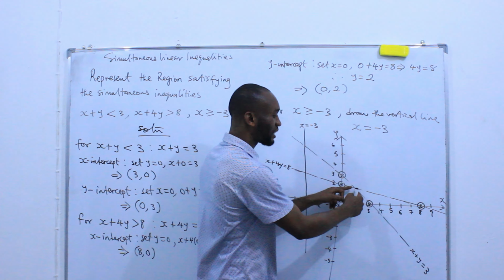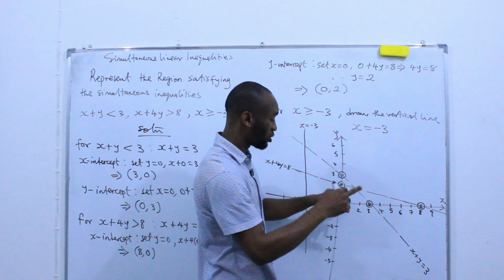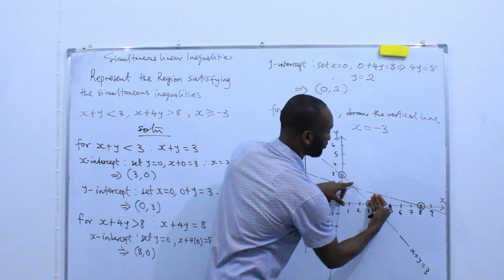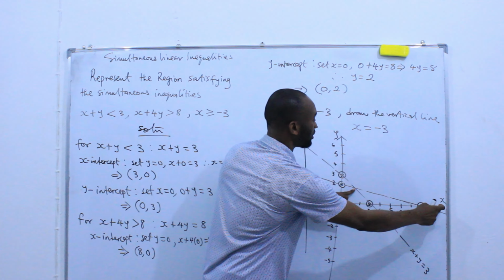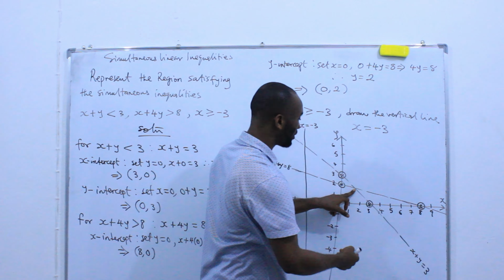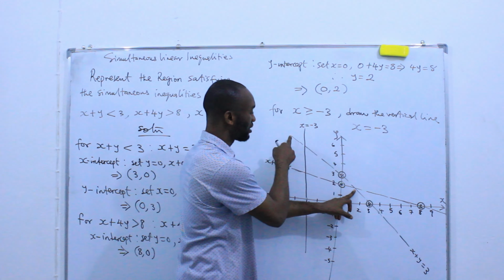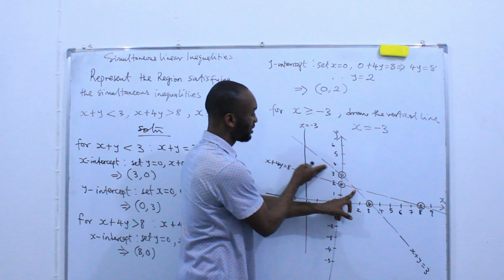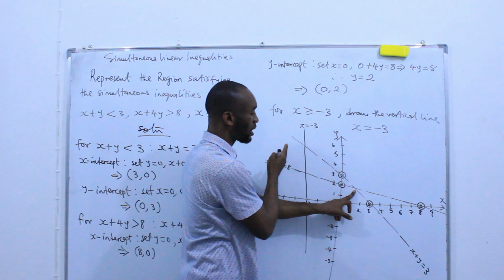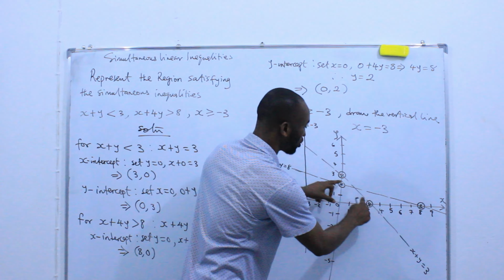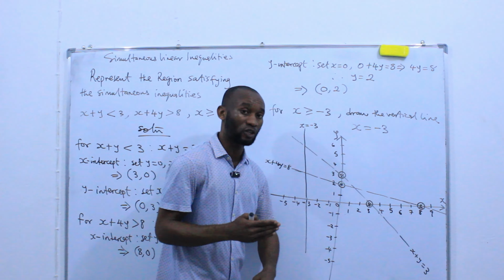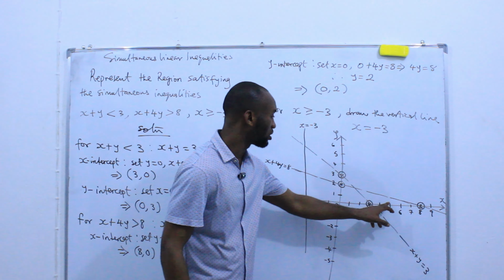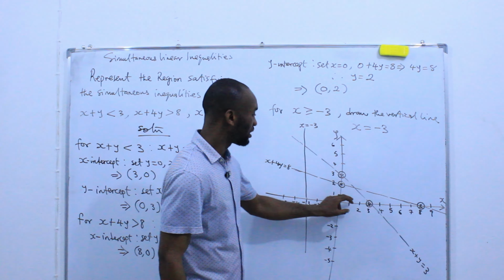From that point where they intersect, we have 4 major regions. Here is one region. Above these points, bounded by these 2 lines, is another region. Then here, inside this place, is also another region. Then this region, bounded by these 2 lines from that point, is the 4th region. So we have 4 regions here, 1, 2, 3, and then here 4.